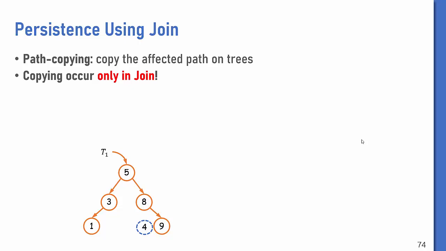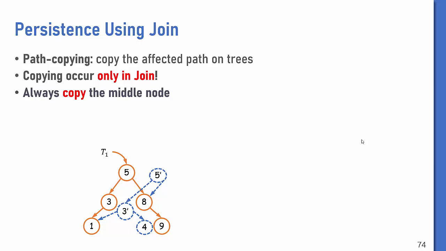Now what we want to do is to join 1 and 4 using the node 3, but instead of using the old node, we copy it and use the new node as the pivot of join. Similarly, when we return to 5, again we copy it and use this new node as a pivot. And finally, we get a new tree T2 represented by the new root pointer. The input tree T1 is still there, represented by the old root pointer, and we successfully made our join-based insertion persistent.